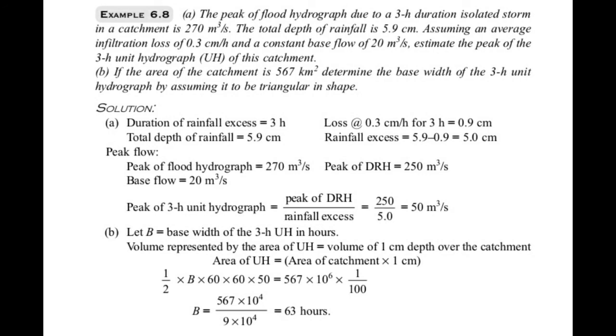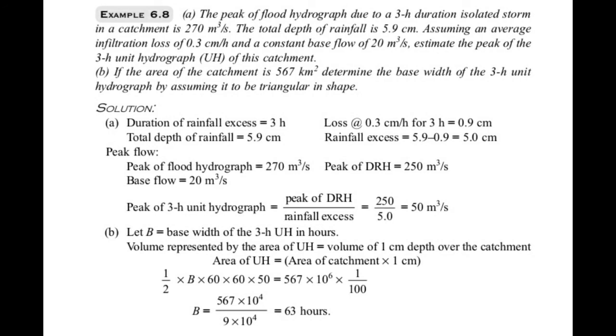B. Let B be equal to the base width of the 3-hour unit hydrograph in hours. The volume represented by the area of the unit hydrograph is equal to the volume of 1 centimeter depth over the catchment, and the area of the unit hydrograph is equal to the area of the catchment times 1 centimeter.